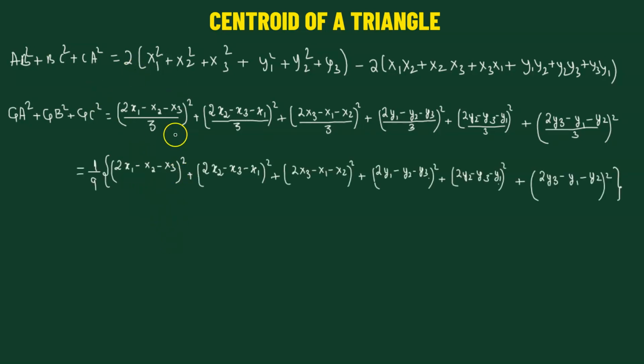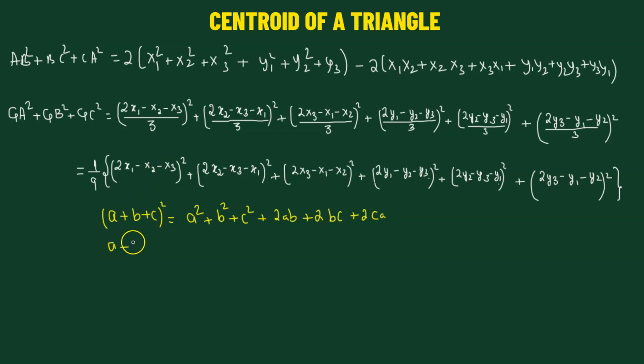Now here, we'll expand each term by using the identity. That means if we have (A plus B plus C) whole squared, that expands to give us A squared plus B squared plus C squared plus 2AB plus 2BC plus 2CA. So here we'll have to take care of the negative sign. That's not a big issue.